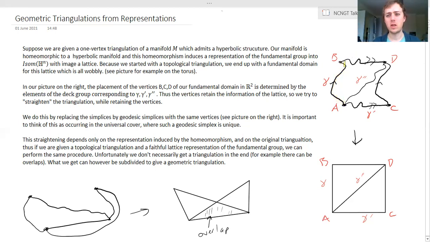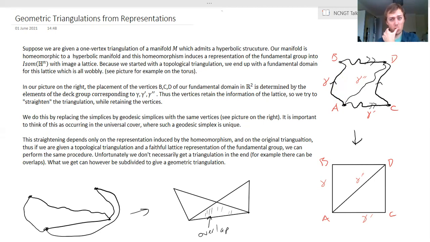Because of the topological triangulation, you've got no control over what these edges look like. You know their start point and their end point, but they wobble around in the middle, and because of that, so do the two simplices, and so do the three simplices, so do the four simplices. They're all homeomorphically embedded, but their images are these floppy, non-geometric objects. Okay.